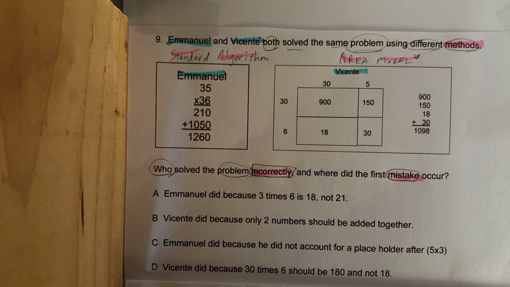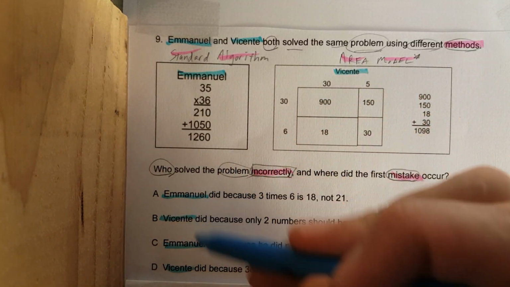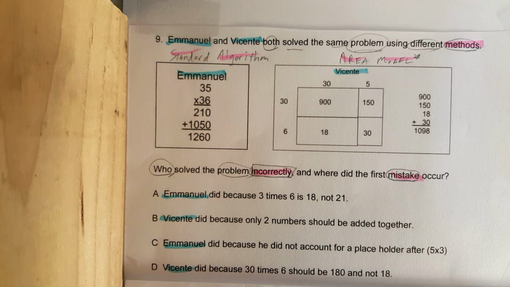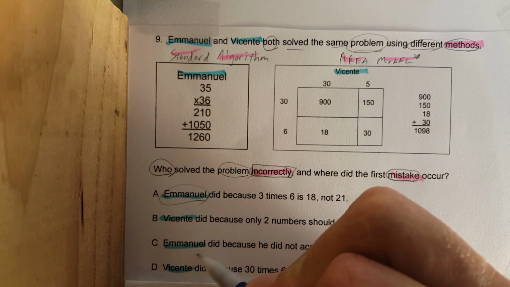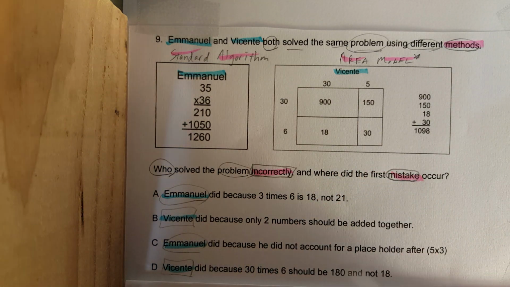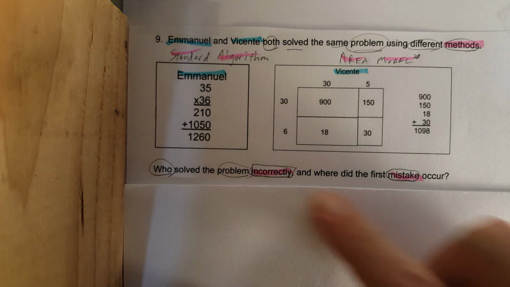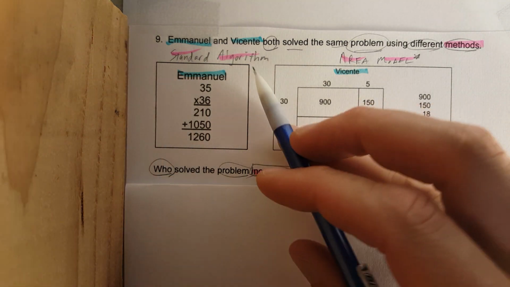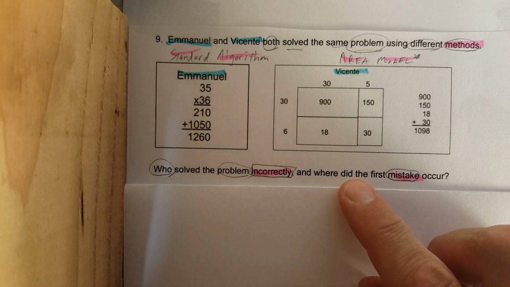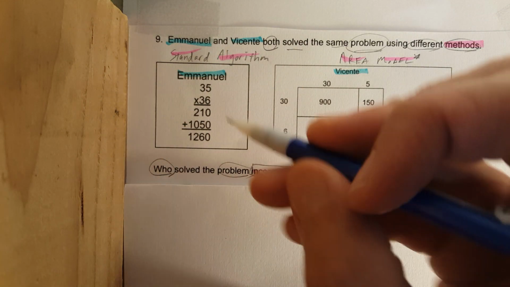Notice how for the possible solutions, it starts with each student. Emmanuel twice, Vicente twice. Then we can see the options, but let's just find the mistake. I have not recorded a lot of videos on standard algorithm. Just jump on YouTube, watch any standard algorithm video for 4th graders. I will coach you through it.